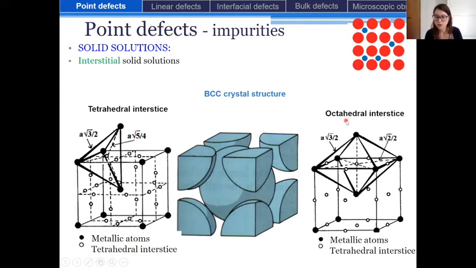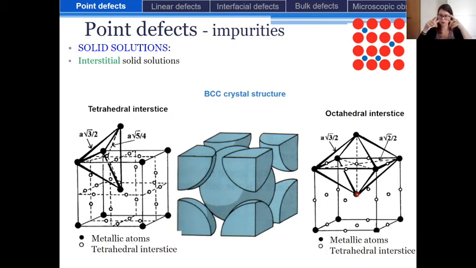Regarding the octahedral interstice, it is formed by 6 atoms. So we have the 4 atoms that form a face of our cube, of our unit cell, and the atom placed at the center of this unit cell, and another atom that is placed at the center of the neighbor unit cell.